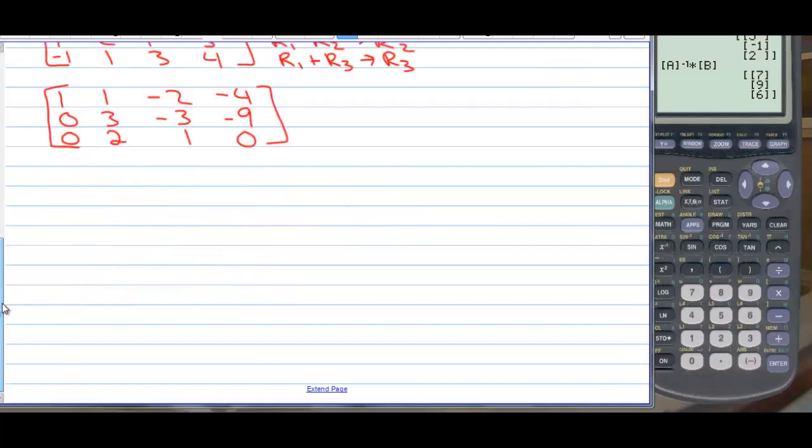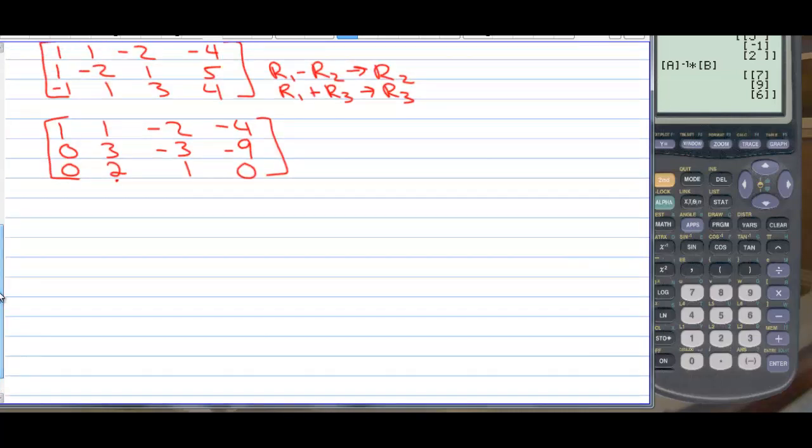The next 0 we need to get is the 2. We got to make the 2 0. We can do 2 times row 2 minus 3 times row 3 and replace row 3. We have 0, 6, negative 18, and here we have 6, 3, 0.